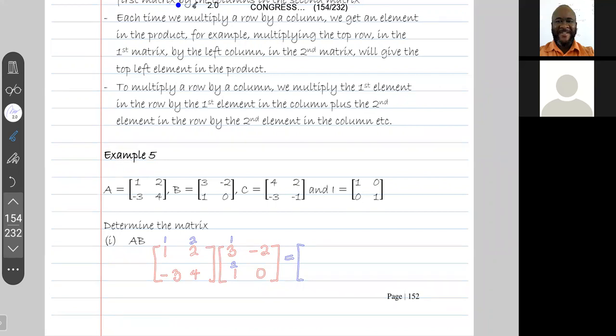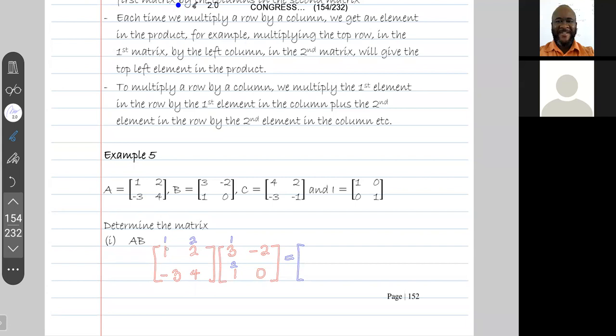In matrix A, the first element in the row is 1, the second element in the row is 2. In matrix B, the first element in the left column is 3, the second element in the left column is 1. So let's multiply row by column. We multiply the first element by the first element and the second element by the second element.